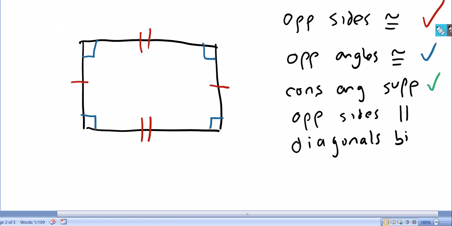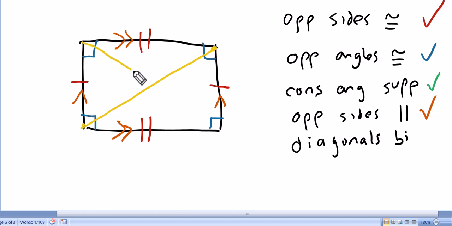Opposite sides are parallel, right? So this side and this side are the same distance from each other, and these two sides are the same distance from each other. That makes these parallel. And then finally we have the diagonals. If I draw a diagonal from this vertex to this vertex, and one from this vertex to this vertex, and I put a point in the middle, then we can make the claim that these bisect each other.